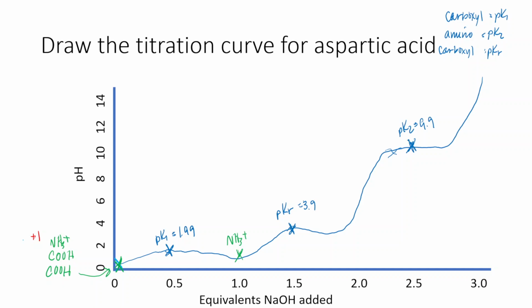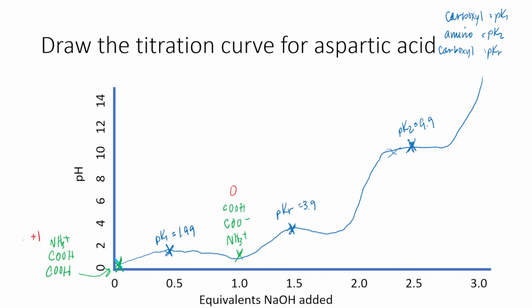Yeah, the backbone carboxyl group, exactly, is now deprotonated, but our side chain carboxyl group is which way? Still protonated, exactly. So what would our charge be here? It would be 0, yeah. Because we have a neutral, a negative, and a positive.